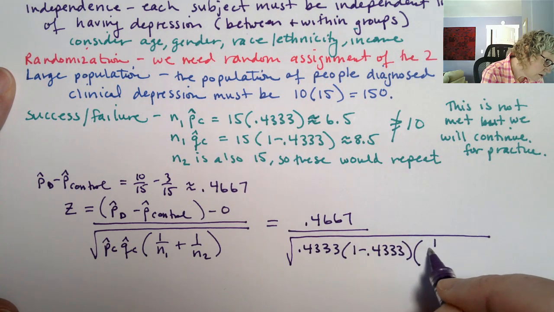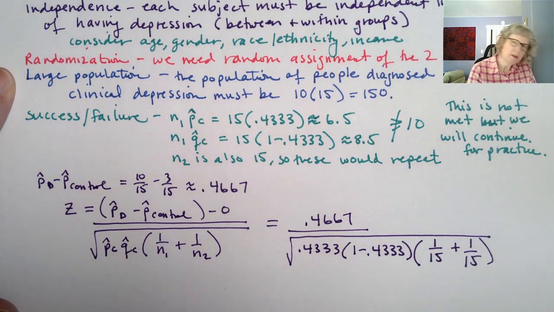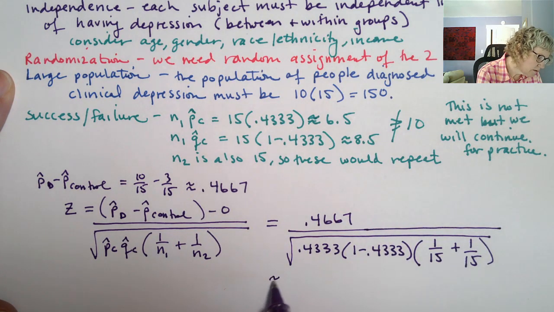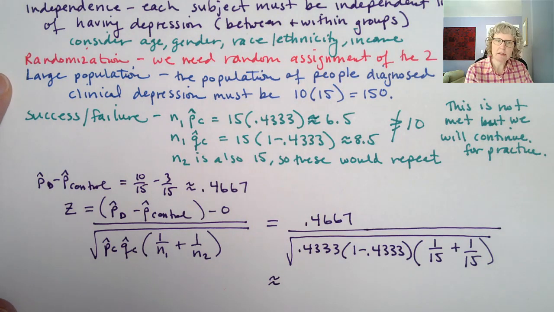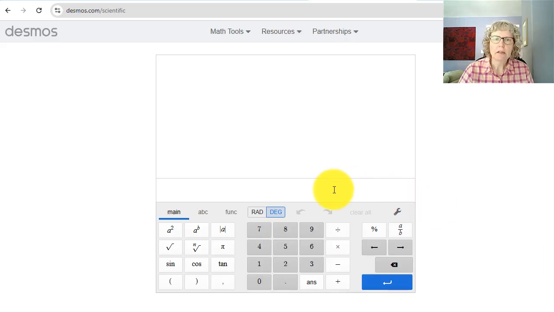And then 1 over 15 plus 1 over 15. Okay, so that is our test statistic. I'm going to use Desmos online calculator. I would recommend that, but of course you can use your handheld as well. Let's see, yes, I've got it right here.